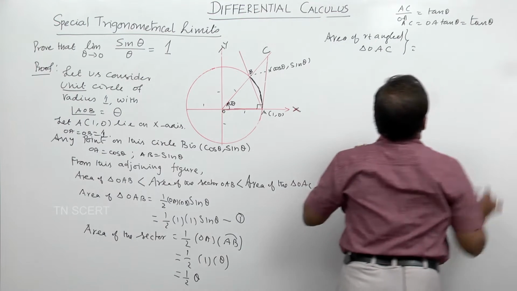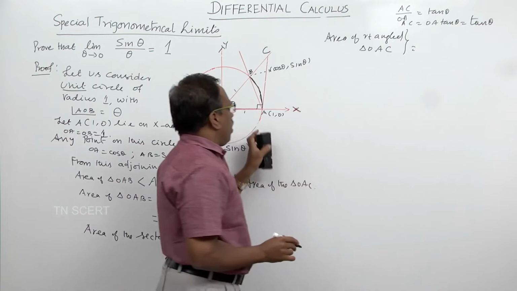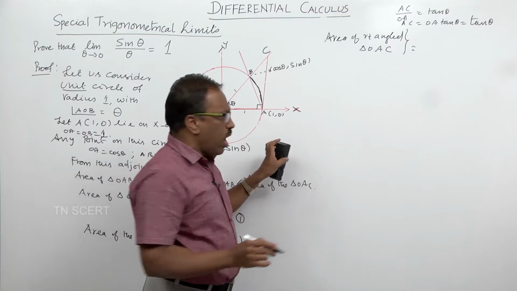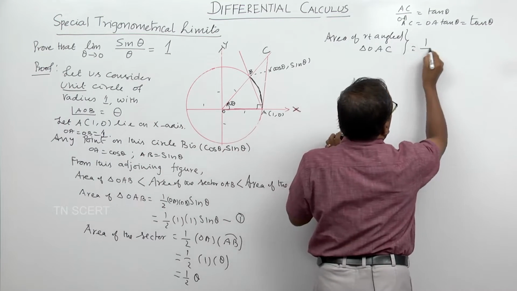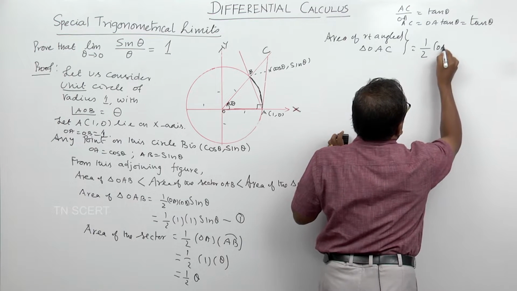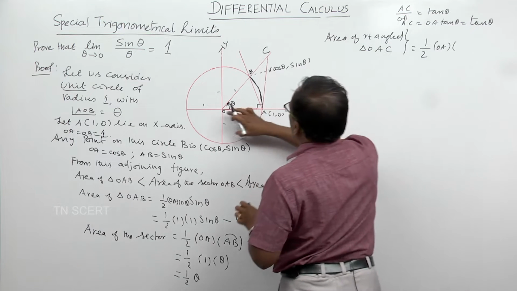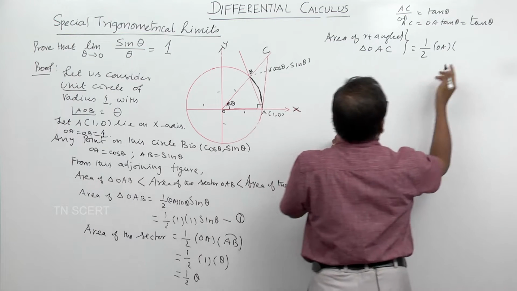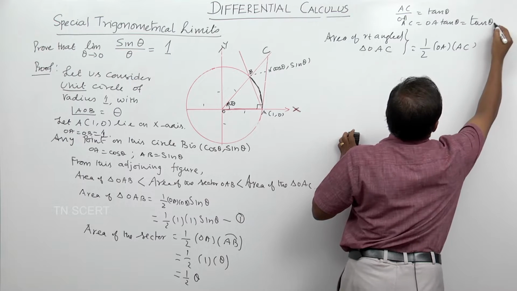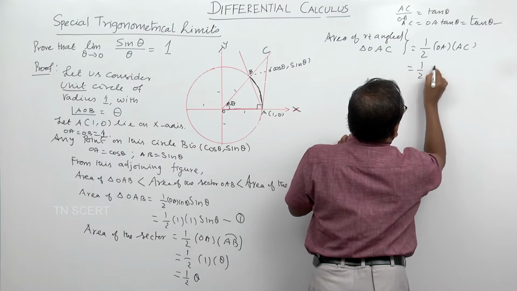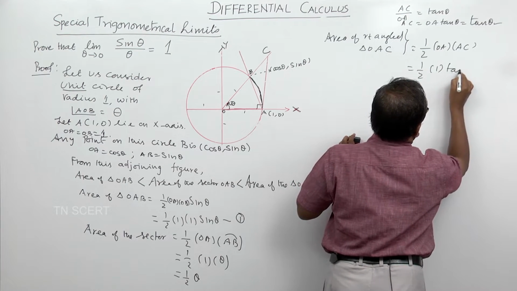Okay, fine. Now, for the area of the right angle triangle, what do I have to write? Half of OA into AC, base into height. Remember, for the right angle triangle, half of OA into AC. AC I found out, that is 1, and this is tan theta.